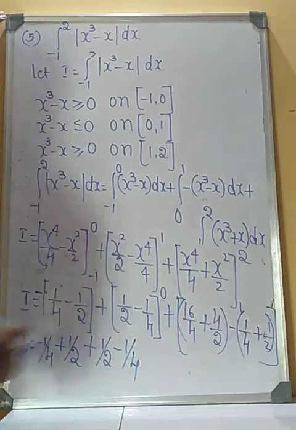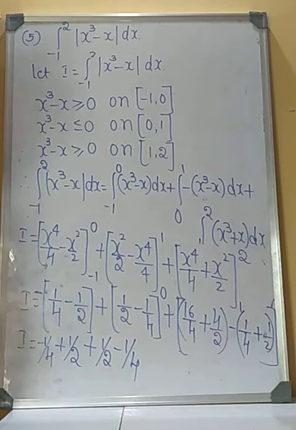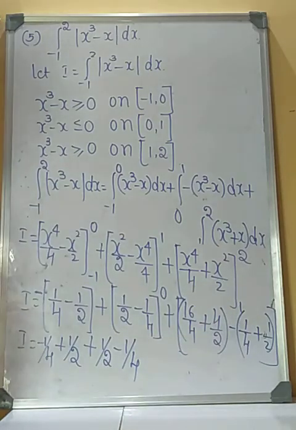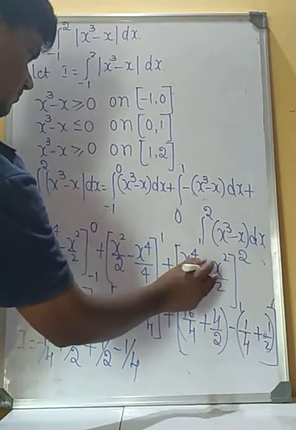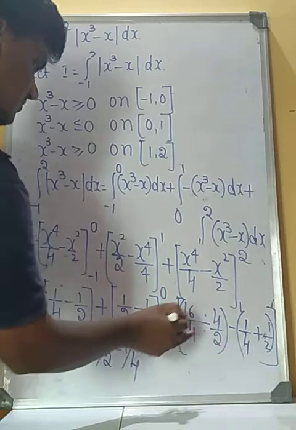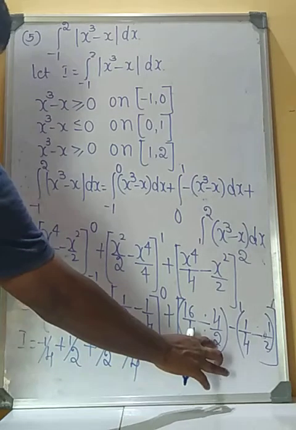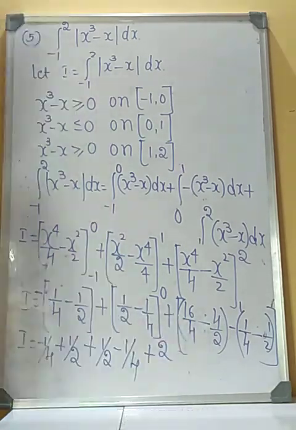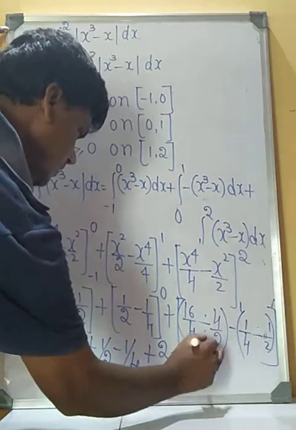Here 4 4s are 16, 2 2s are 4, so 4 minus 2 plus 2 minus 1 by 4 plus 1 by 2 minus 1 by 4 plus 1 by 2.